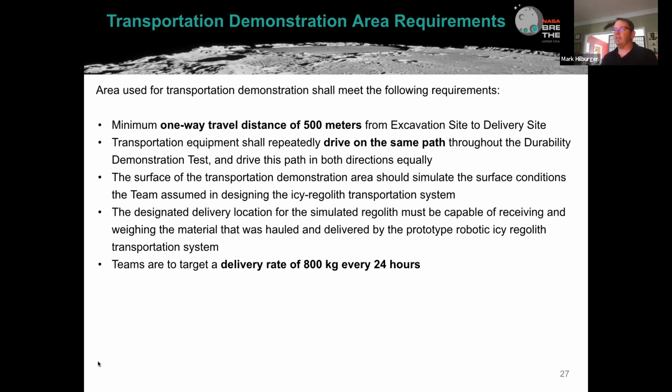Next, the design delivery location for the simulated regolith must be capable of not only receiving but also weighing the material that was hauled and delivered by the icy regolith transportation system. And teams are to target a delivery rate of around 800 kilograms every 24 hours. And this was something that I think we worked, or at least discussed quite a bit.